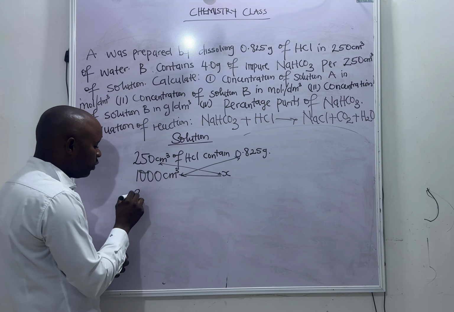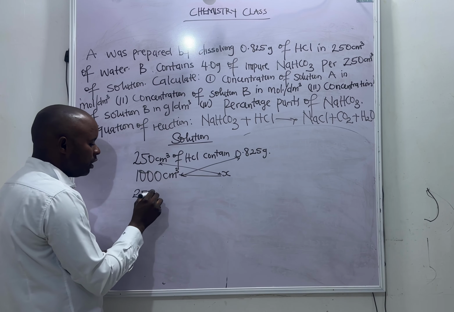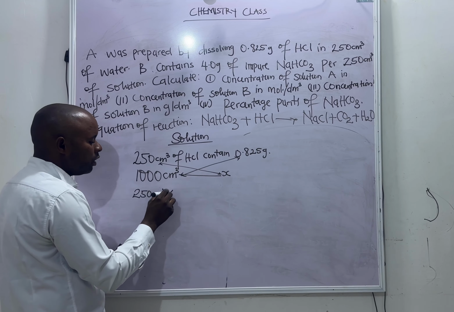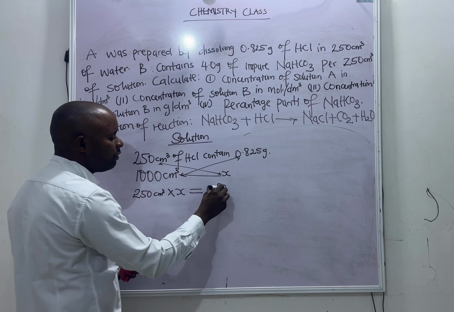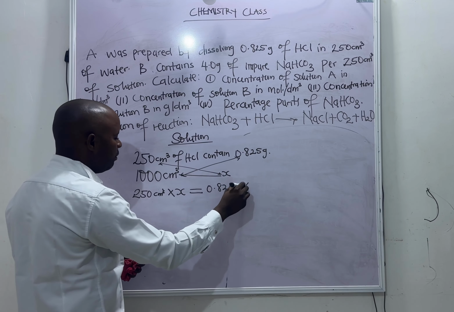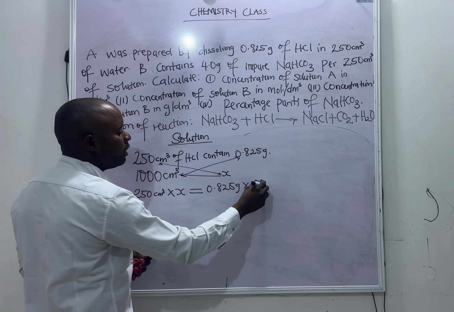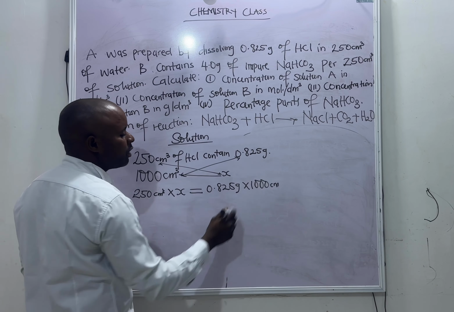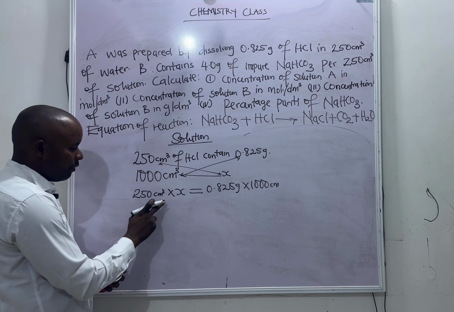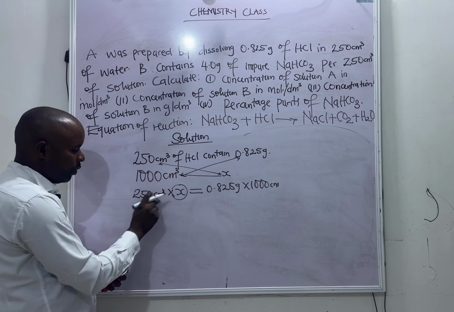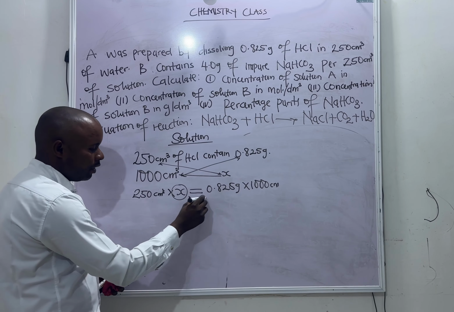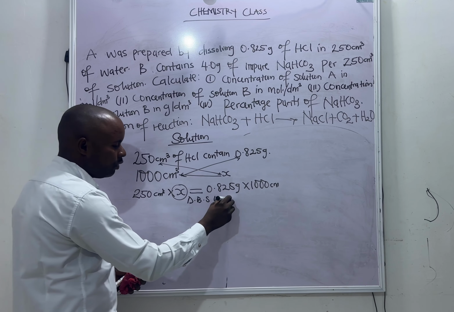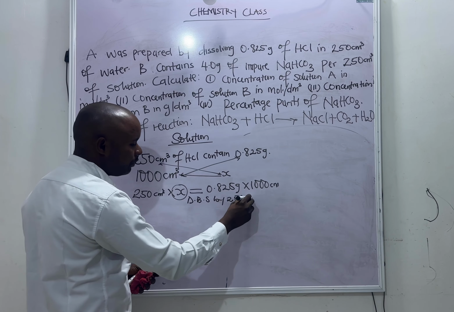So we are going to have 250 cm cube times S is equal to 0.825 gram times 1000 cm cube. That is to say, for S to be on its own, we divide both sides by 250 cm cube.